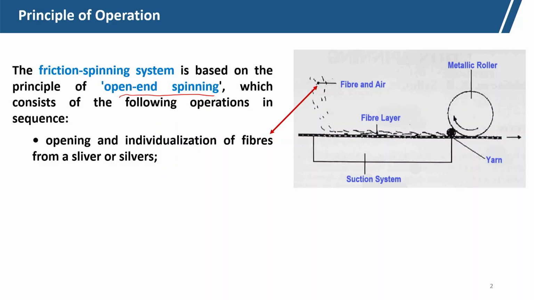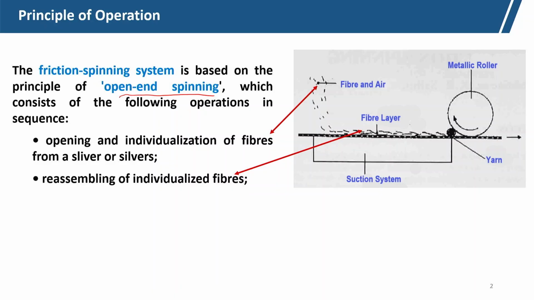Okay. And in opening, it is just like we have seen in the rotor spinning. Here also we can use single sliver, but majorly we use the multiple slivers, typically 5 to 6 slivers we can use.